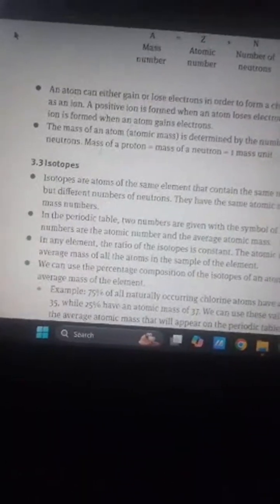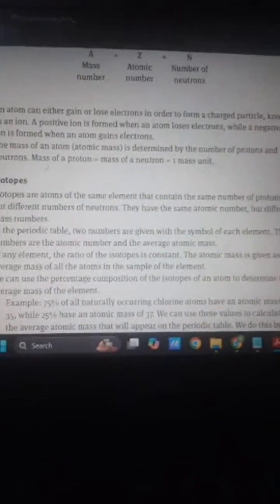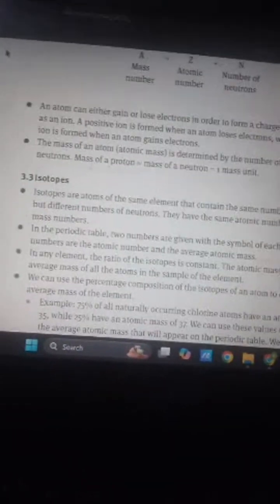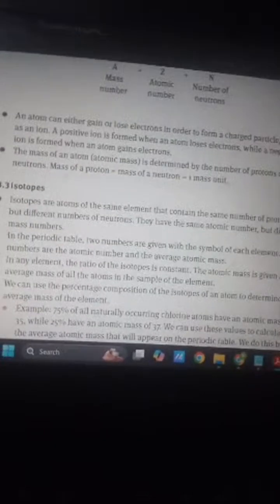An atom can either gain or lose electrons in order to form a charged particle. That charged particle is called an ion. A positive ion is formed when an atom loses electrons, and a negative ion is formed when the atom gains electrons.